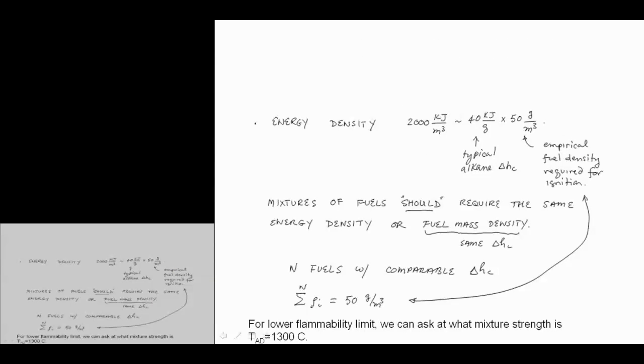Now, sometimes we encounter mixtures of gases, mixtures of fuels. And we want to establish what the flammability limit is for the mixture. Towards that, there is a very simple concept that's true for alkanes, and that is that there is a fuel energy density that allows for the mixture to be flammable.